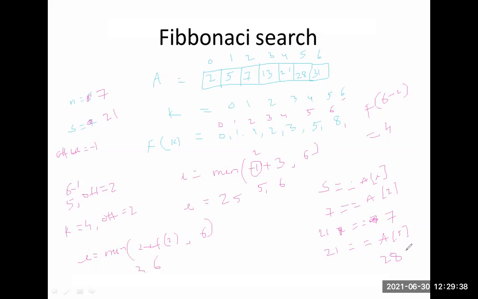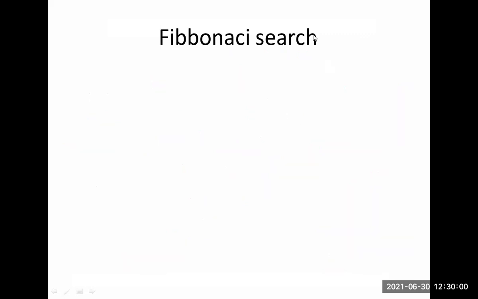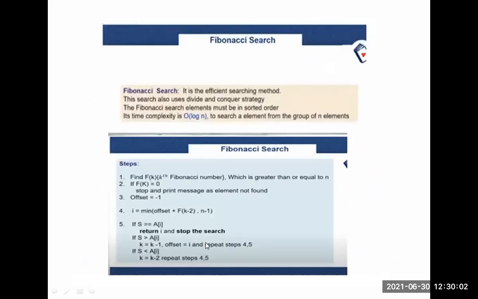So you have to compare with the A of 3. So 21 is compared with A of 3, which is 13. So this is less than this one. Again you check, then you find 21. So this is about Fibonacci search. Okay, clear students?